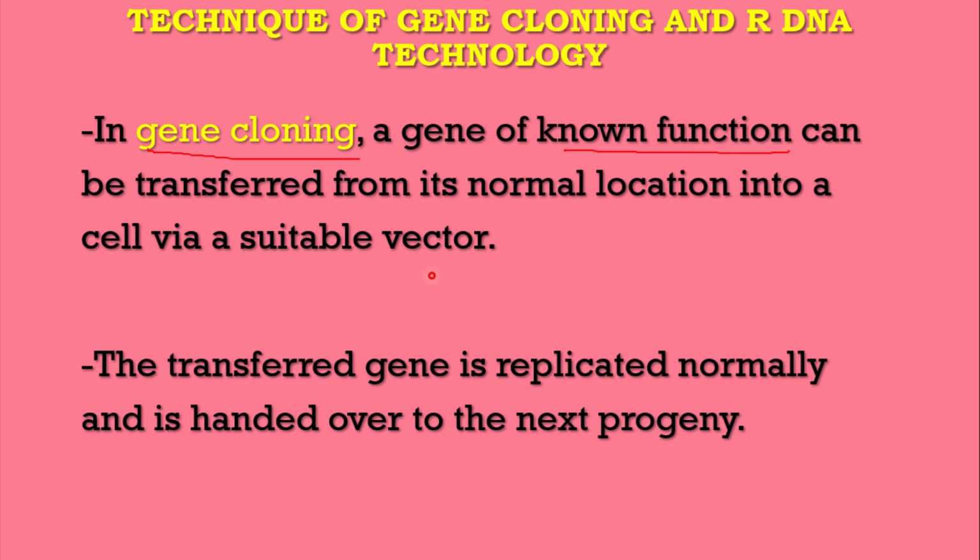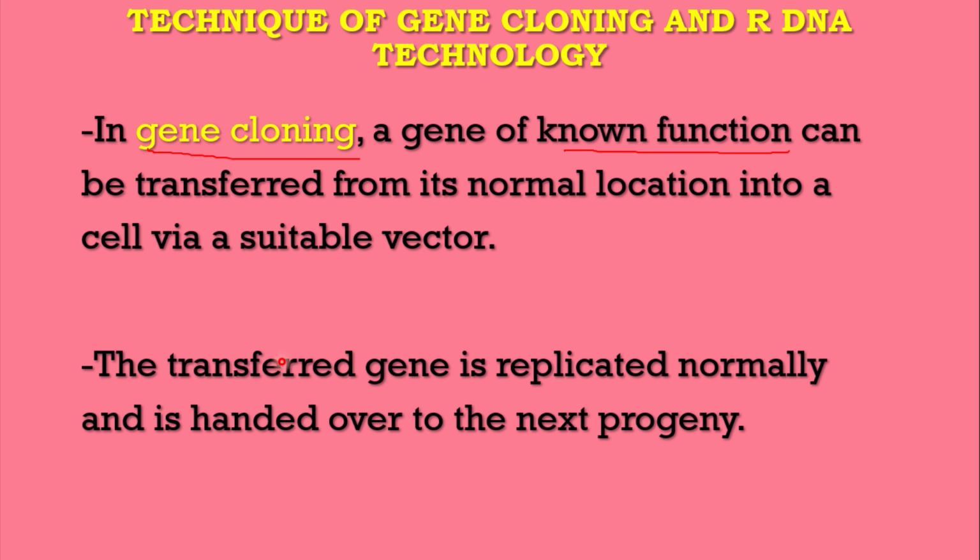So what we can do is take one gene which secretes insulin and inoculate it into the person who is suffering from diabetes. So in gene cloning, we take the gene of known function, the gene responsible for the production of insulin, and transfer it into the new location, that is, the human being suffering from diabetes, through a suitable vector.